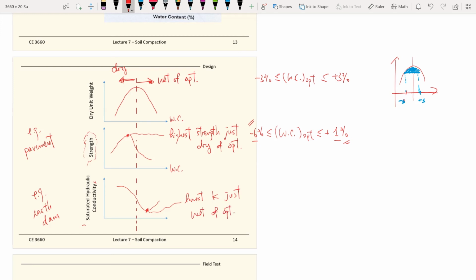So the K over here stands for the hydraulic conductivity. So in the design, for example, now you want the stability, so you may want something like plus 5% to negative 1% of the optimum water content.